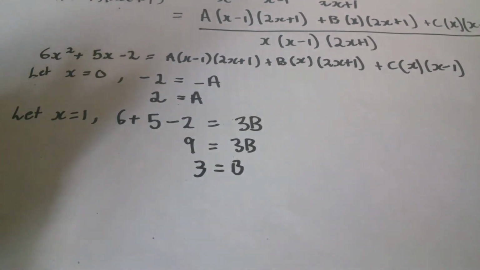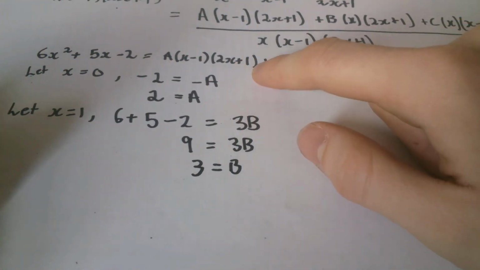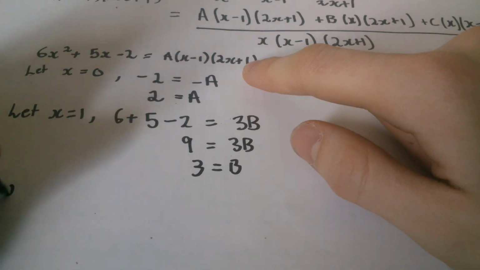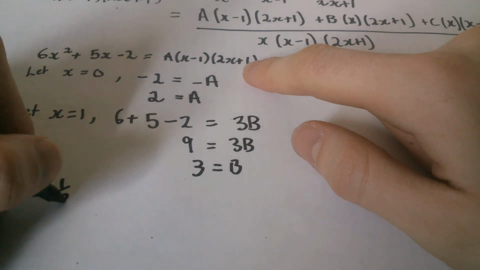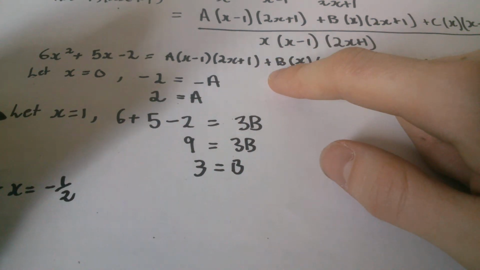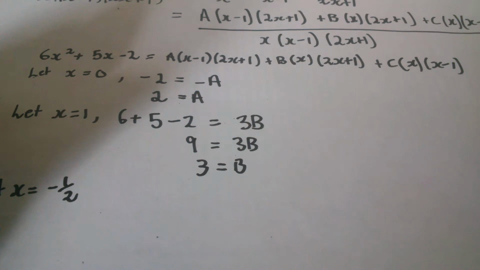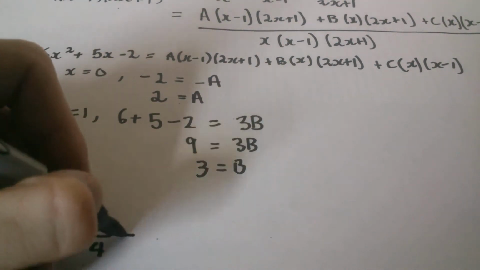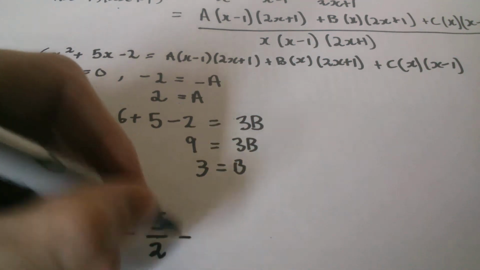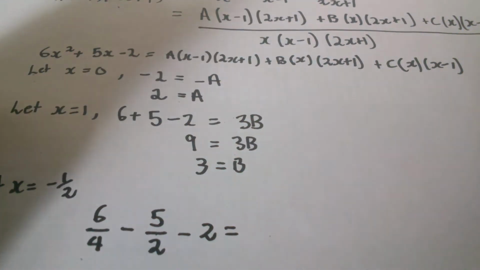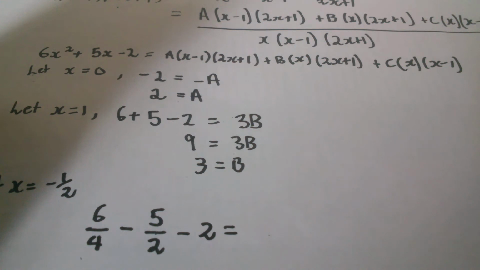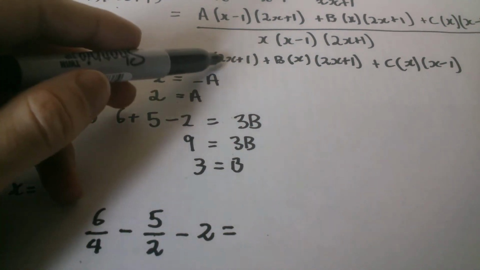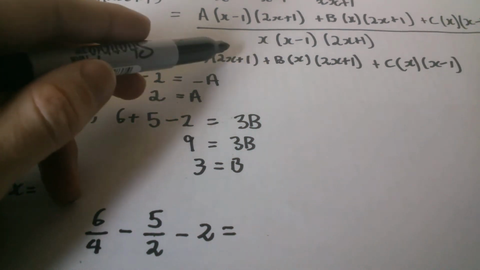Now for the final one, 2x plus 1, so you have to make that equal 0. That's just letting x equal minus a half. So minus a half squared is a quarter, so you've got 6 over 4 minus 5 over 2 minus 2 equals 2 times minus a half is minus 1 plus 1 is 0, so this one goes away.